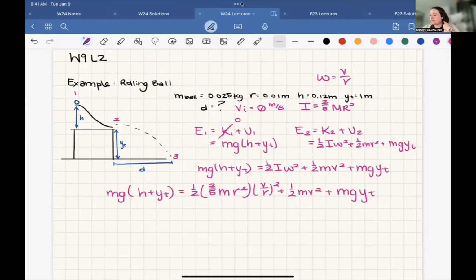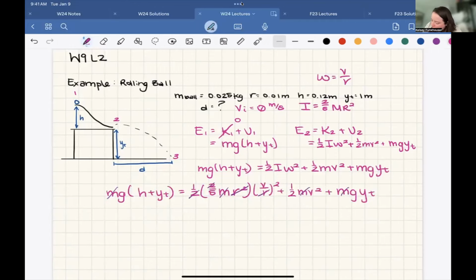Okay, so everything has mass in it, so we can cancel that out. And then, oh, there's more stuff we can cancel. We can also cancel out that radius, and then there's 2 on the top and bottom there.